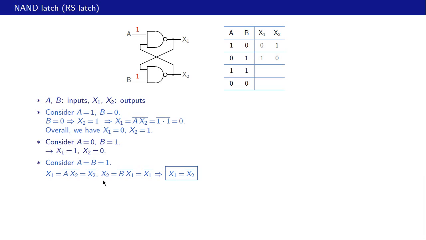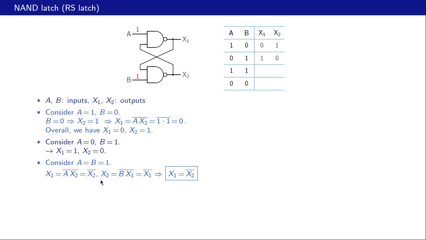Similarly, X2 is the not of B and X1, so that is B X1 bar, and because B is equal to 1, it is equal to X1 bar. So what it implies is that X1 and X2 must be inverse of each other.